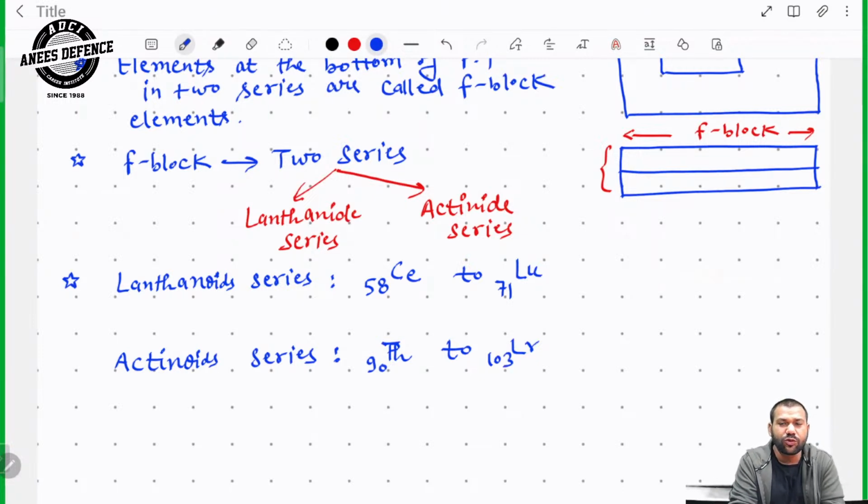So in F block we have two series, one is lanthanoid series and one is actinoid series. Lanthanoid series starts from Ce 58 atomic number to 71 atomic number, and actinoids is from atomic number 90 to 103.